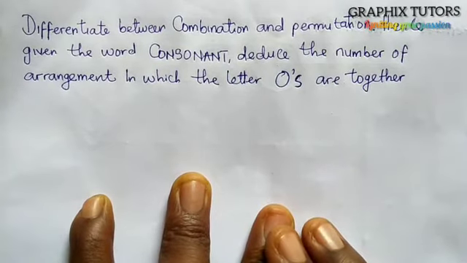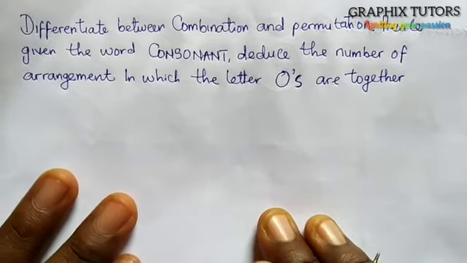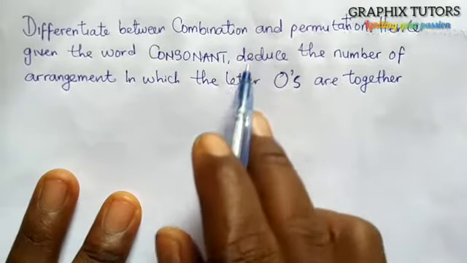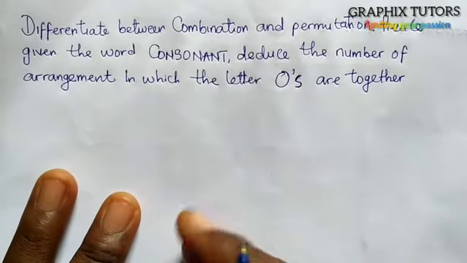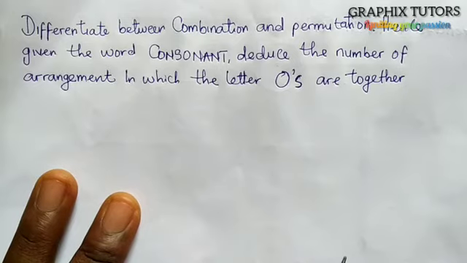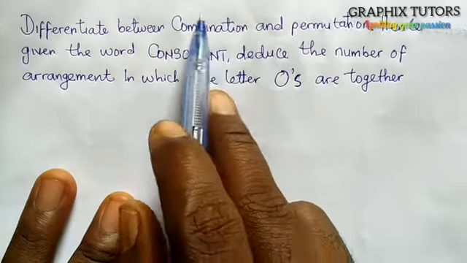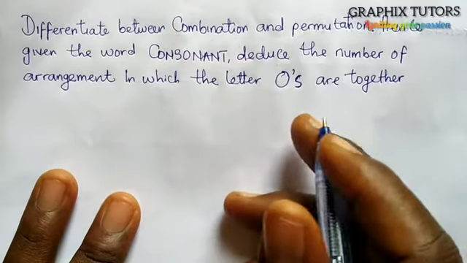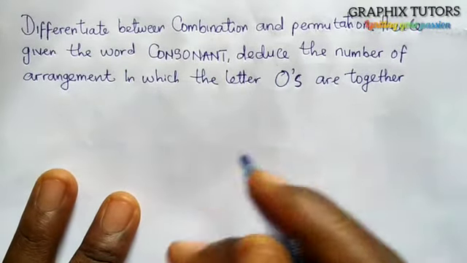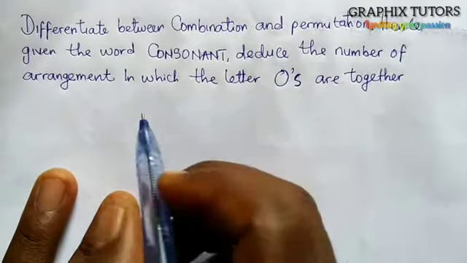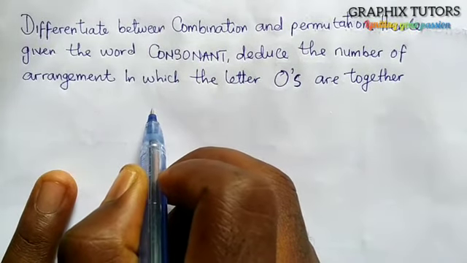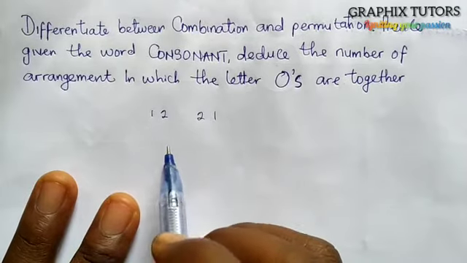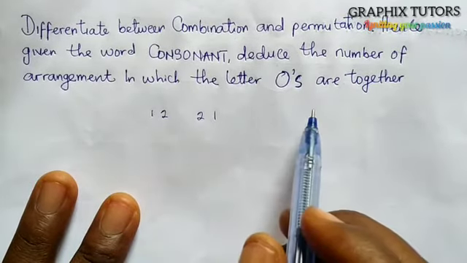Here we have it says differentiate between combination and what? Permutation. One of the difference between them is that when it says combination, combination means selection, right? And in combination, order doesn't matter. When you select things, order doesn't matter. For instance, if I write 1 2 and 2 1, combination is telling me that they are both the same.